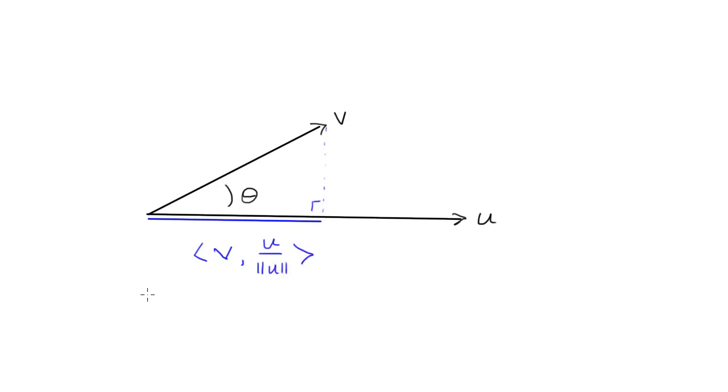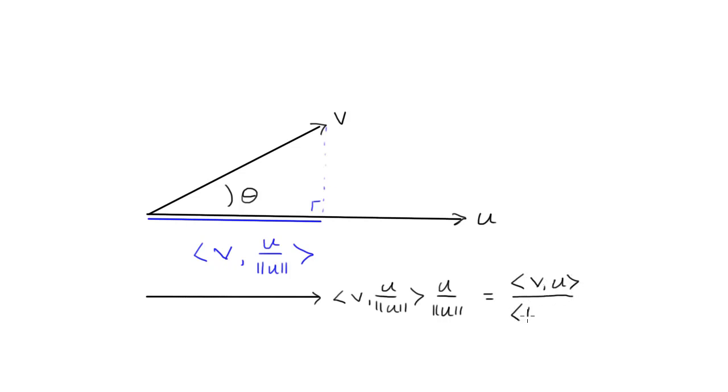So to get the vector, the orthogonal projection vector, I scale the unit vector by that length. And it's the same thing we just derived. This is the projection of v onto u.